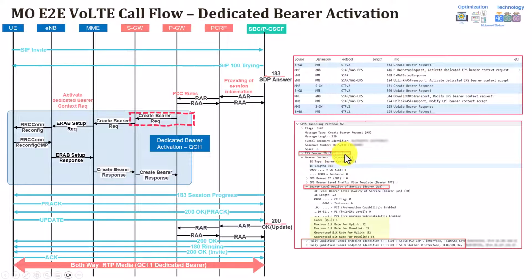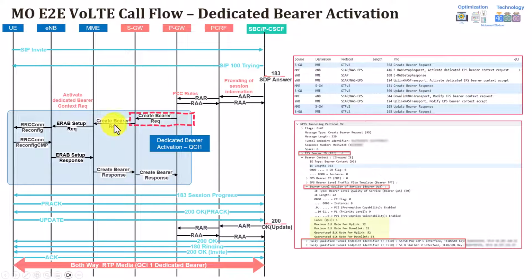For example, the first one is EBI, telling him my EBI is 6, and this is the quality of service. It's also telling here this is QCI1, and this is the bitrate for uplink and downlink, maximum bitrate and guaranteed bitrate, GBR and MBR for this QCI1. And also telling him my tunnel endpoint, which is S5/S8, is this. So it's telling the serving gateway its tunnel endpoint.